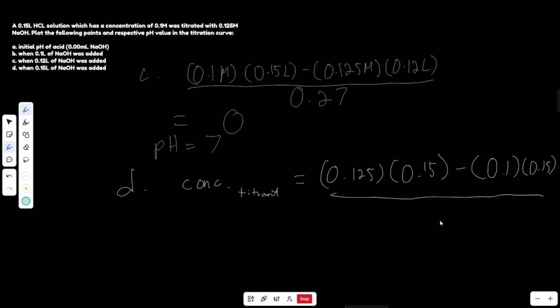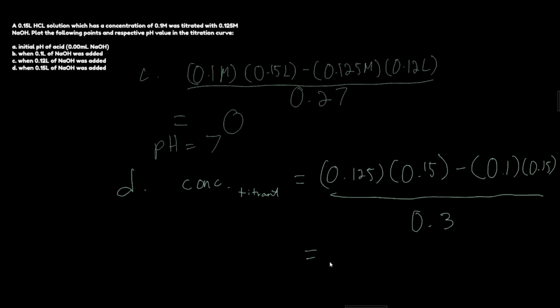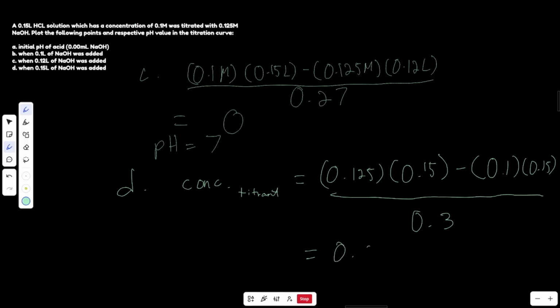This is all over 0.3. Now, if we do this, we'll get 0.125 times 0.15 minus 0.015. We'll get an answer of 0.00375 divided by 0.3. We have an answer of 0.0125 moles of NaOH.